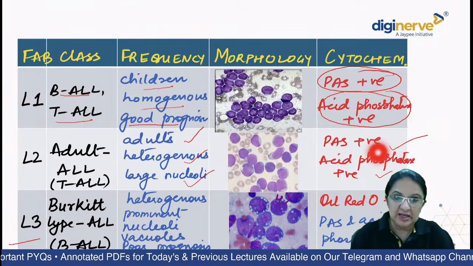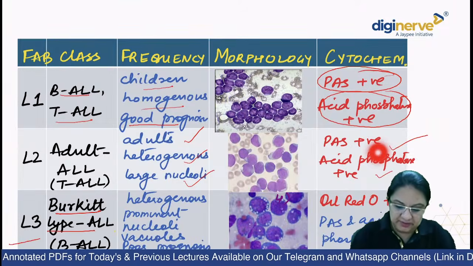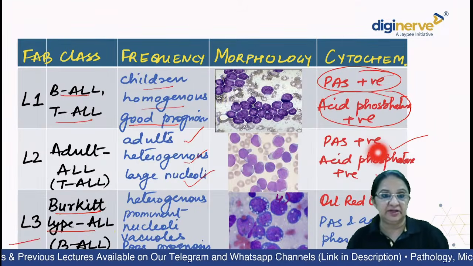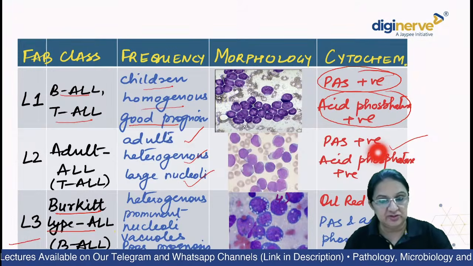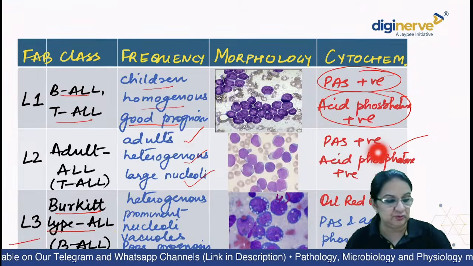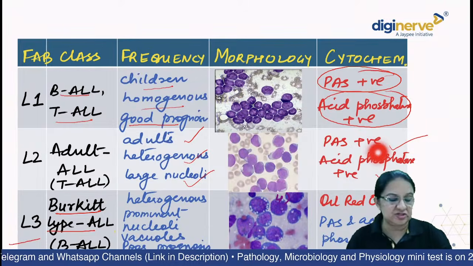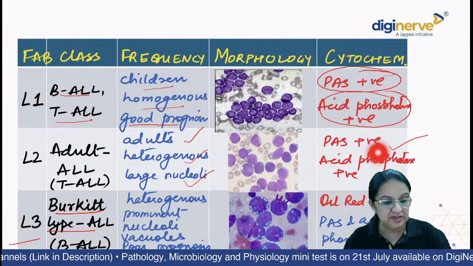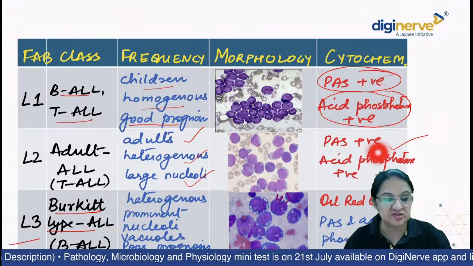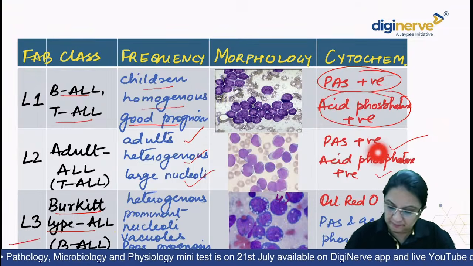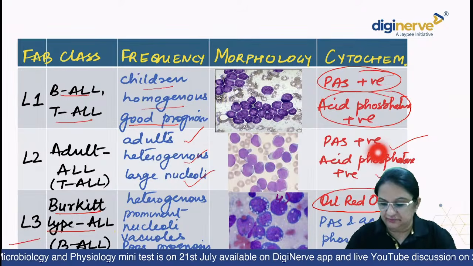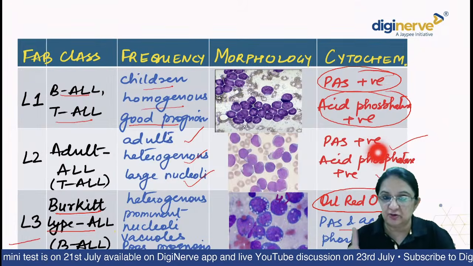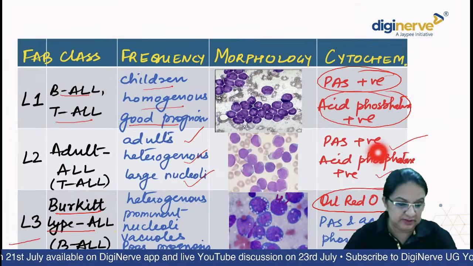L3 ALL is also similar to Burkitt type of lymphoma, which we are going to study in a while. Heterogeneous, prominent vacuoles, nucleoli, and it's associated with a poor prognosis. Please note the vacuolated cells that you see here are oil red O positive. They will be PAS and acid phosphatase negative, but oil red O positive in Burkitt lymphoma.